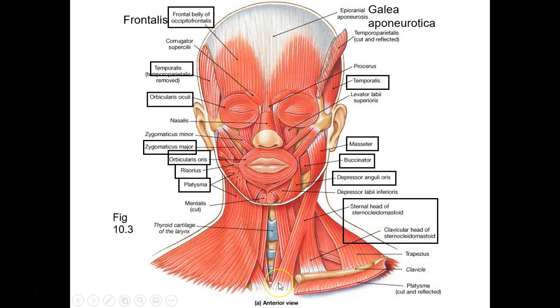Sterno. So this head's hooked to the sternum. Cleido, which means clavicle. This head's hooked to the clavicle. And so this is your origin. This is stable. And then it's going up here. You can't see where it's hooking on, but obviously it's going to the mastoid process. Remember that on the temporal bone? So that would be the insertion. So I love it. You know, the name itself tells you everything it's hooked to.